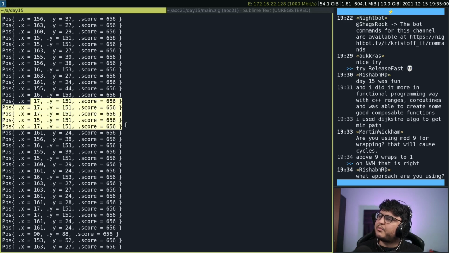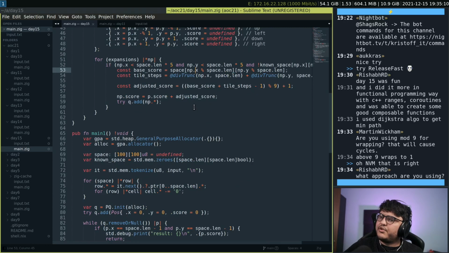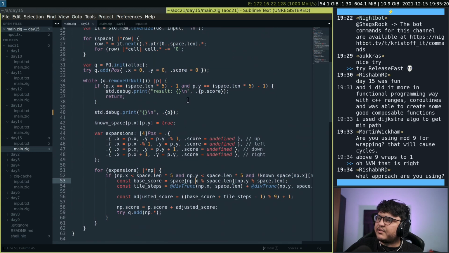Oh, you know, there's also the problem that the overall matrix is somewhat symmetrical. What approach are you using? It's just Dijkstra. It's Dijkstra, but the modified version, and I think I might have modified it in a bad way.